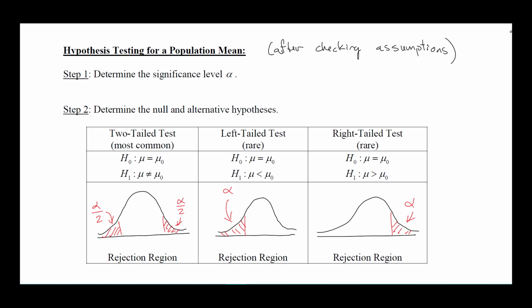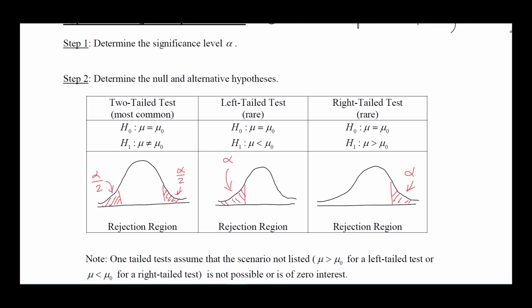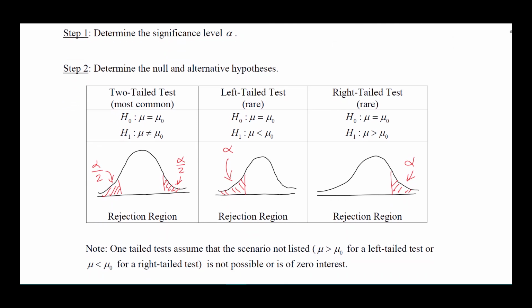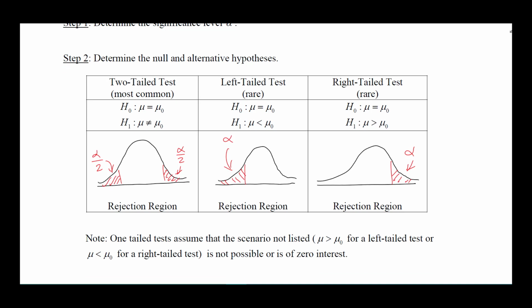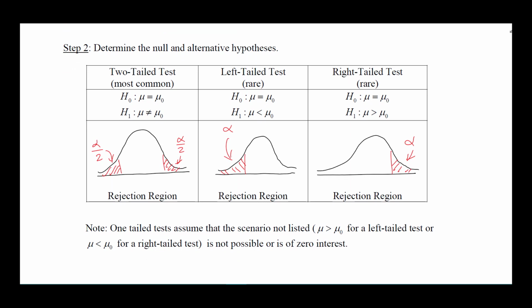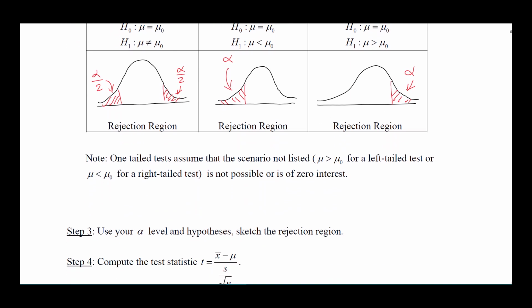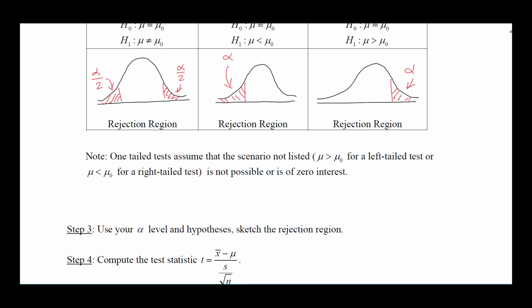Okay, and the situation when we generally do this is if the other direction can be reasonably assumed not possible, or sometimes if it's of zero interest, but you have to be a little bit careful with that because it does change the critical value. You need to have a rationale for a one-tailed test if you're going to do one. Okay, so once we've determined our null and alternative hypotheses, we're going to sketch our rejection region.